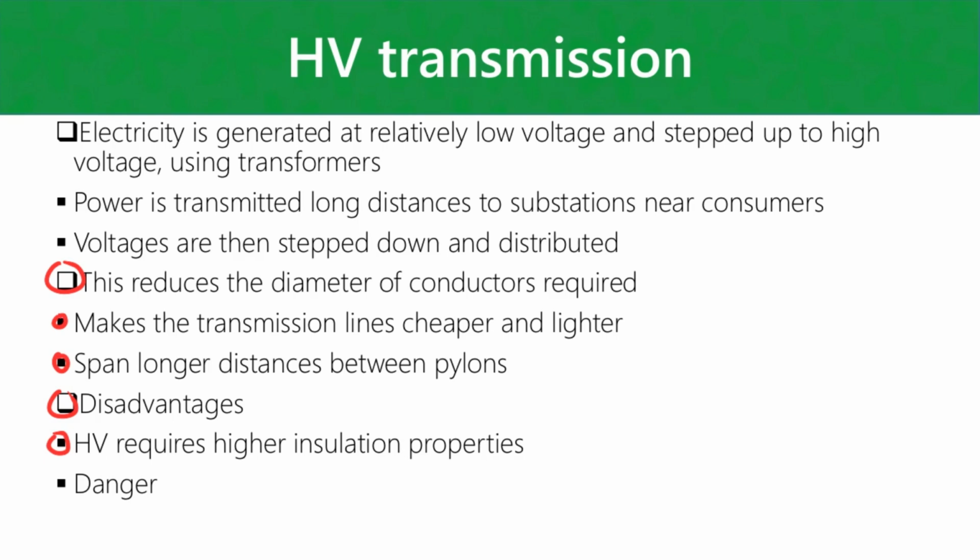So for instance, if you look at your high voltage power lines, where the power lines are resting on the pylons, you have massive insulators providing the insulation between the pylon and the conductor so that there's no arcing taking place to ground. And then lastly, it's just plain dangerous.